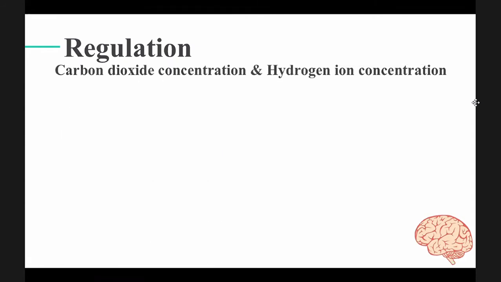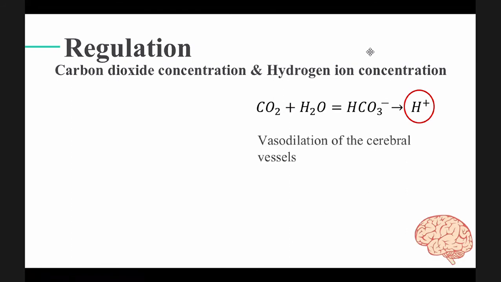Let's talk first about the carbon dioxide concentration and hydrogen ion concentration. If there is an increased amount of carbon dioxide, it will combine with water and you form bicarbonate and also hydrogen ions. And this hydrogen ion has a direct effect in causing vasodilation of cerebral vessels.